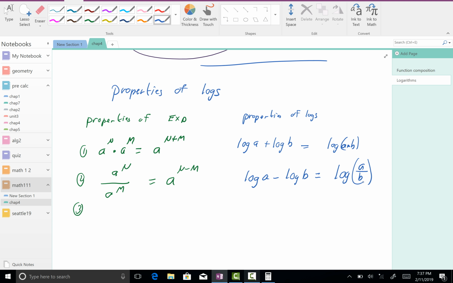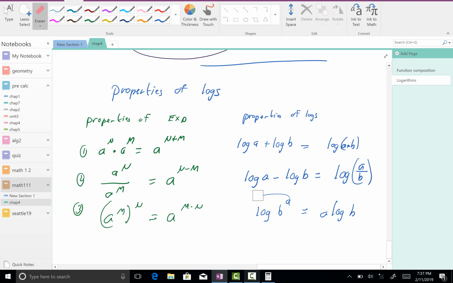All right, so it's the same thing. Here, if we have a to the m to the n, then we multiply those exponents. So in logs, if we have a log of b to the a, then that a pops out in front, and we get this. A log b.